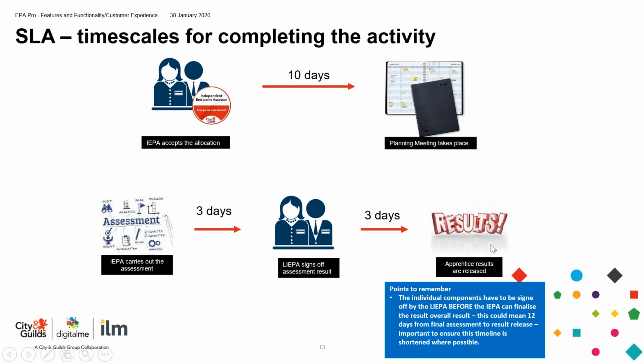So originally, I think we thought there would be 6 days from the last component being completed to the results going out, but actually this could be up to 12 days because obviously for the overall result, we'll need this process to happen again. So what we'd encourage you to do is to try and sign and quality assure things as rapidly as you can, which we know you do, so that we can try and get these results out to customers as soon as possible and to try and shorten that timeline where possible.